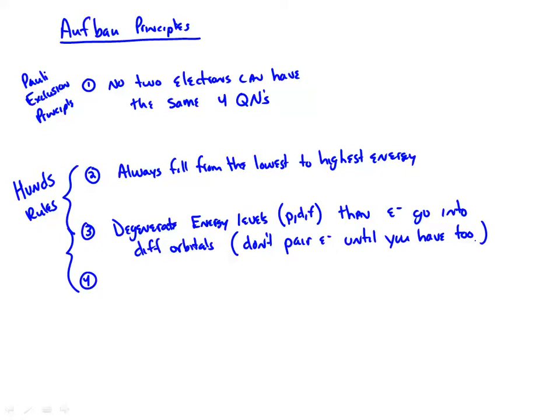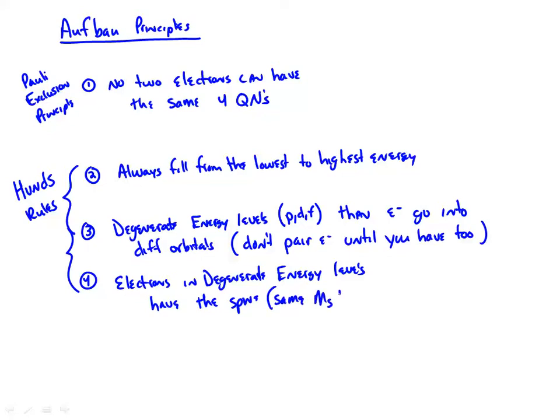And then the other thing that it says is that electrons in degenerate energy levels have the same spin, meaning the same m sub s number. What it's really saying is that electrons are going to stay as far apart as possible.